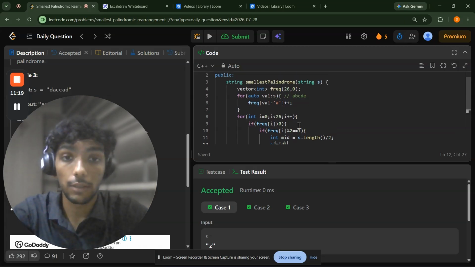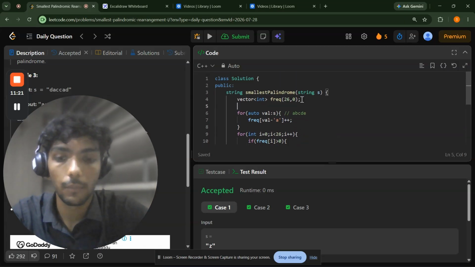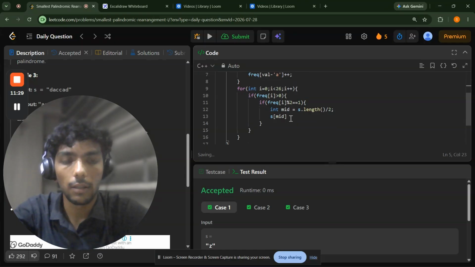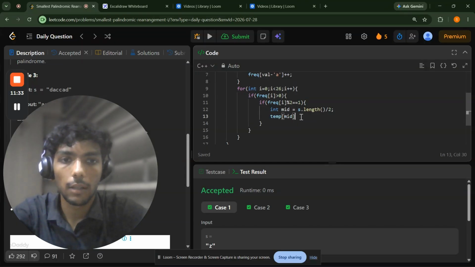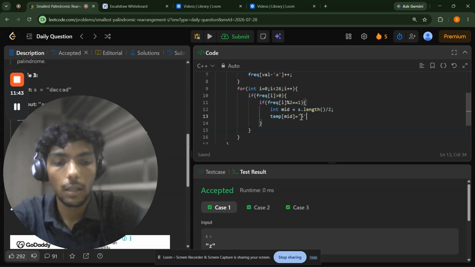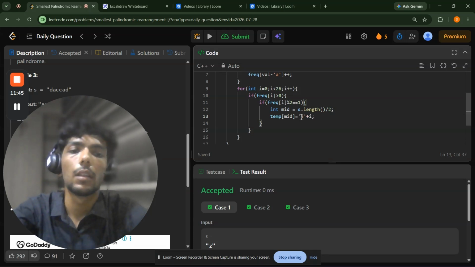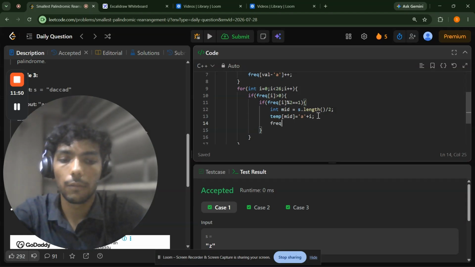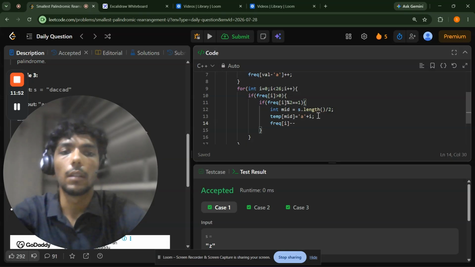Let's create one string, temp, and this time we will put it in the temp. Temp of mid equals A plus I. And we will decrement the frequency by 1, frequency of I minus minus.